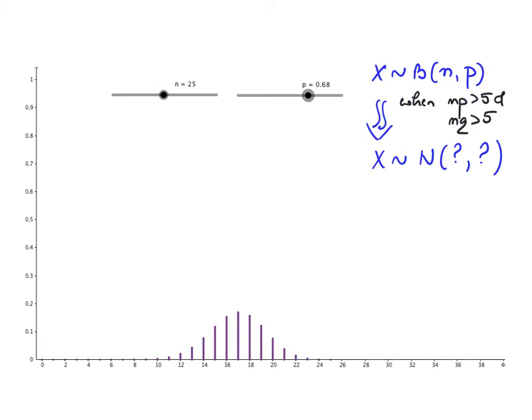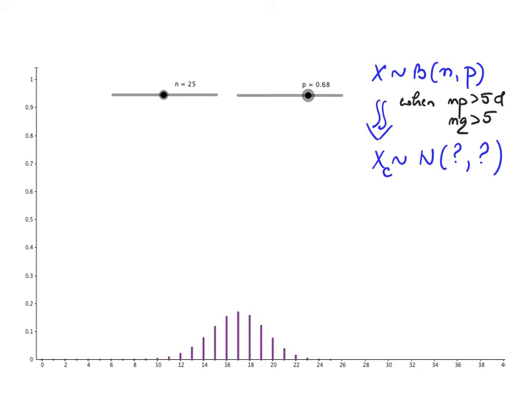We have seen that in the case when X is binomial distributed with n and p, and when n times p is bigger than 5 and n times q is bigger than 5, then we can estimate X by a normal distribution. Sometimes I use the letter Xc, from X continuous, to remember that actually the new distribution that I get is different from the previous one. It's a good estimation, but it's still different.